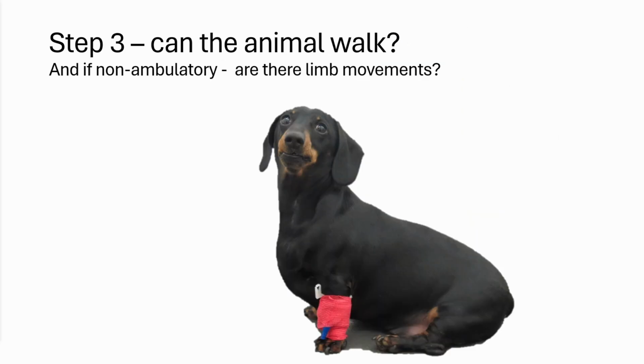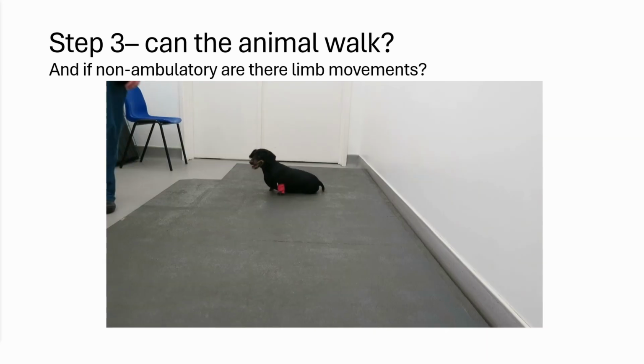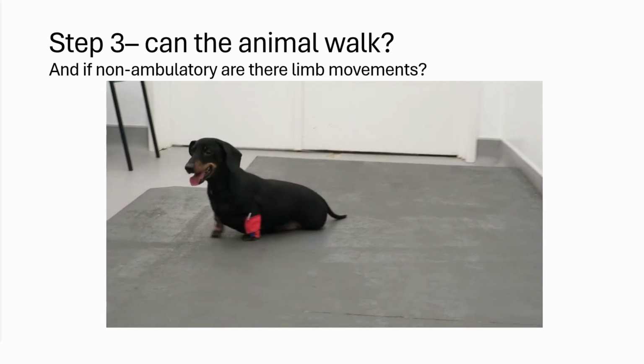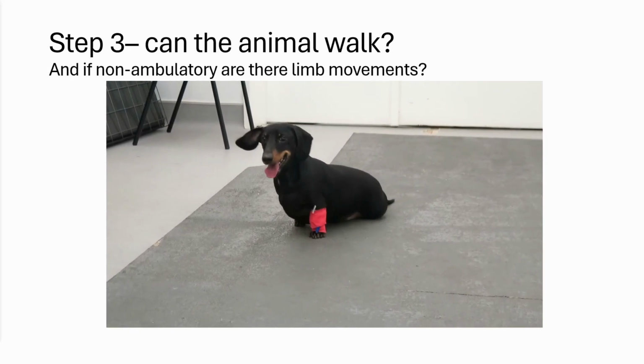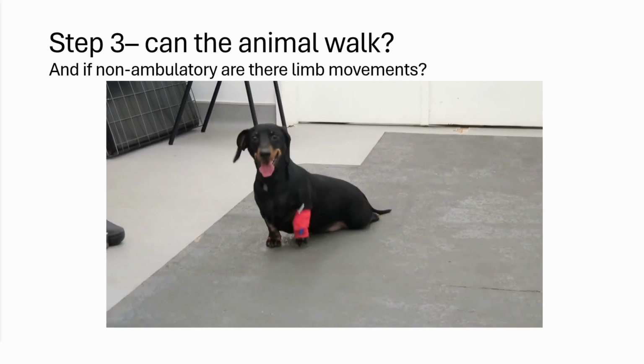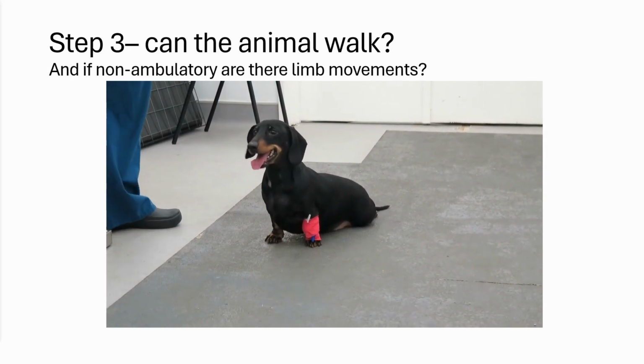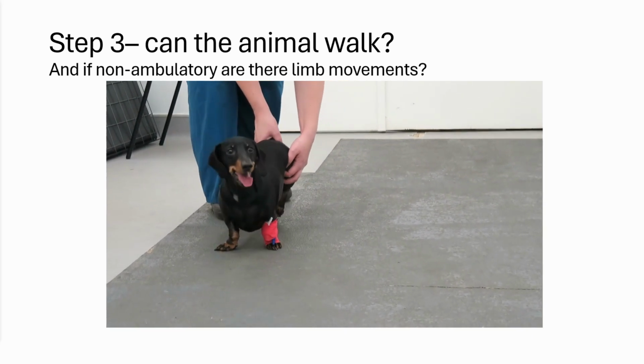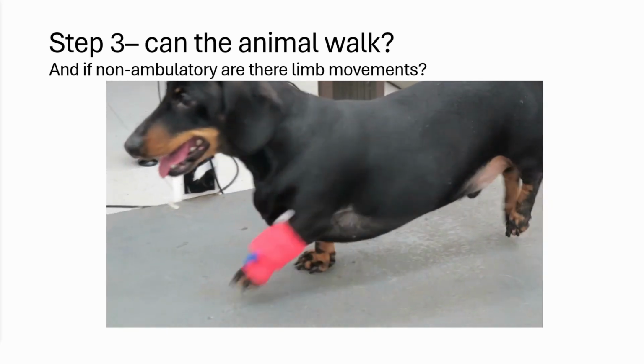So our next step is, can the animal walk? And if they're non-ambulatory, are there limb movements? And so we can see this little pupster here is dragging himself. And we're just supporting the dog here.